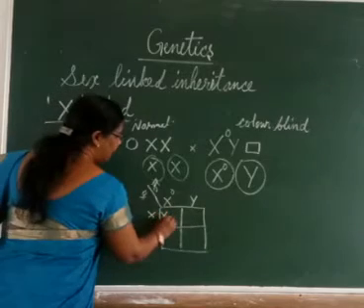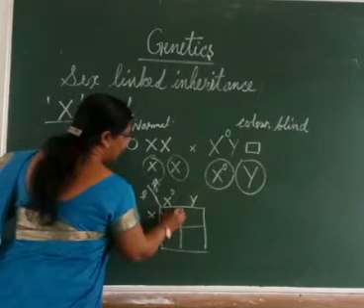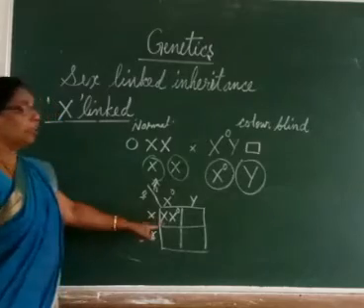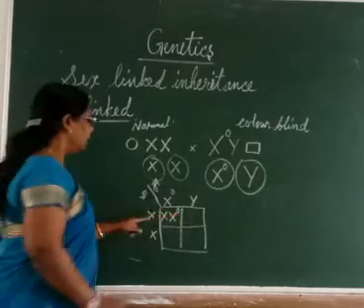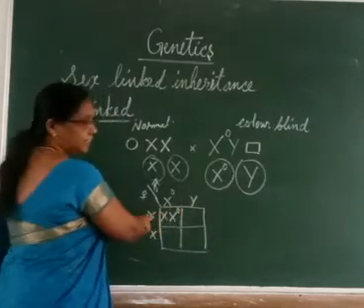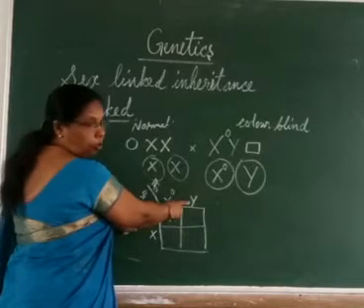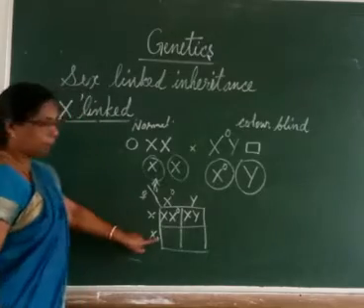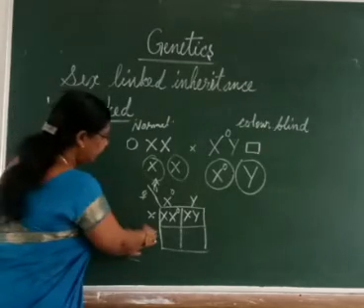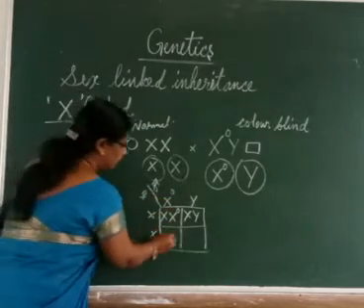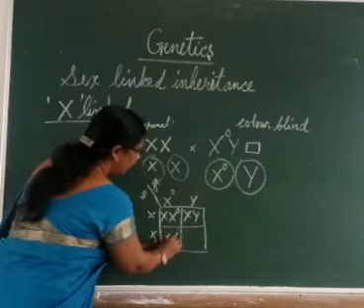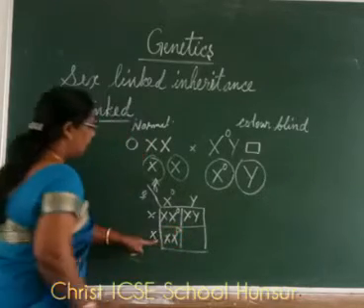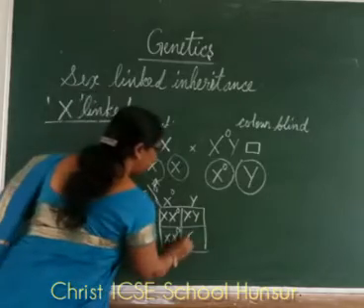Here a normal X and another X with 0. And here these two, this X with this Y, X, Y. Now coming to this corner, this X with this X. So X is a carrier and here X, Y.